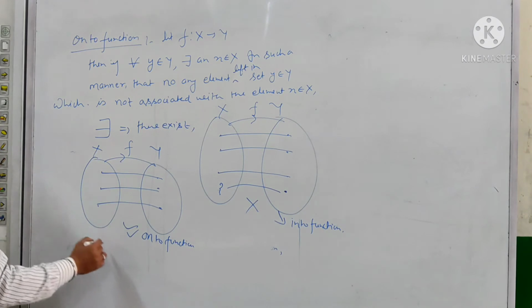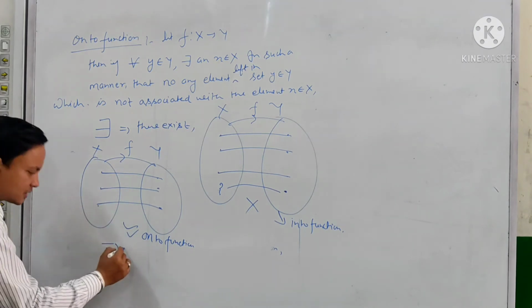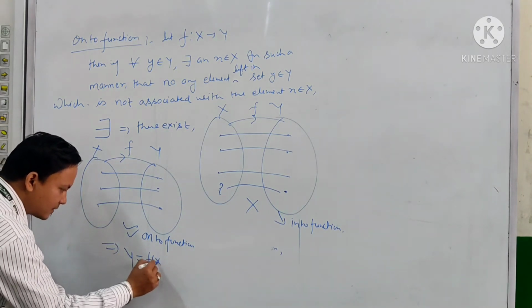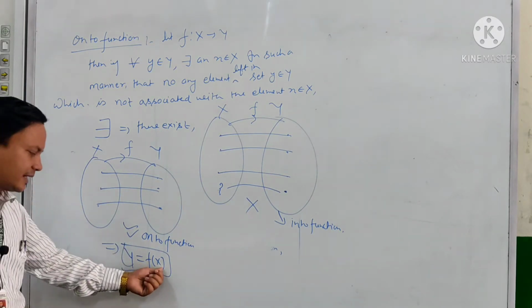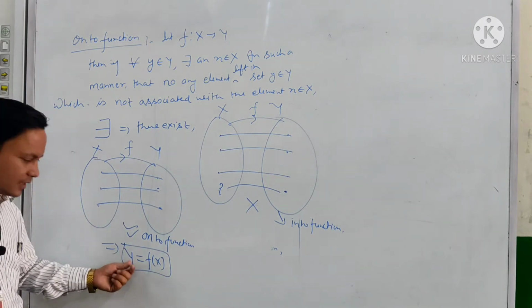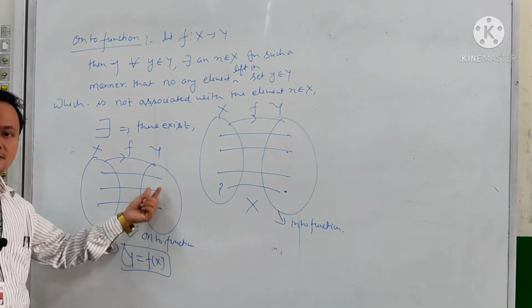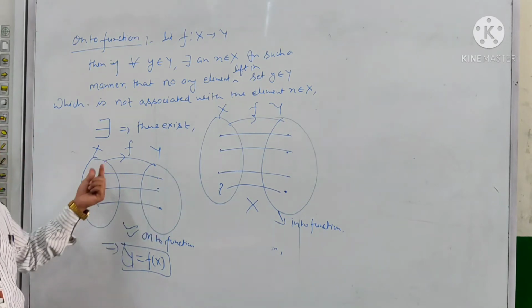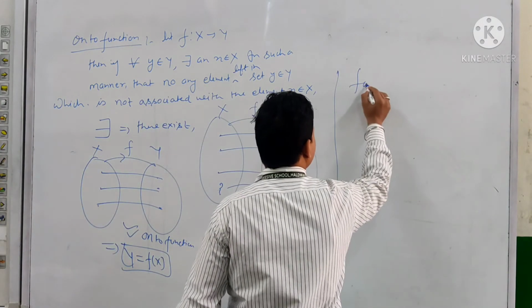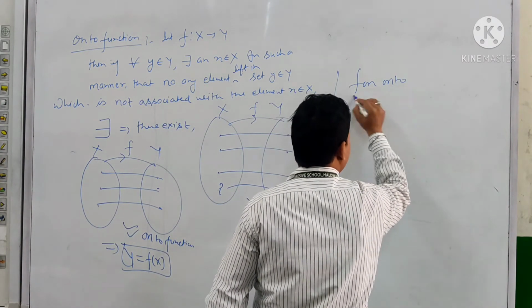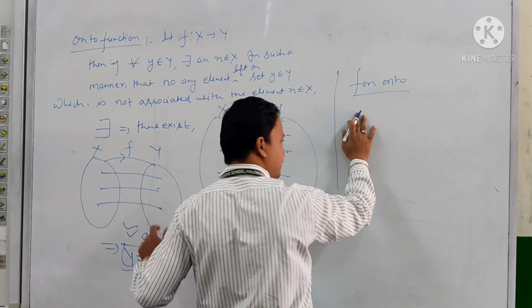So the general mathematical definition for onto function is y equal to f of x. This is a relation between the elements of set x and the elements of set y. What do we conclude from the definition?